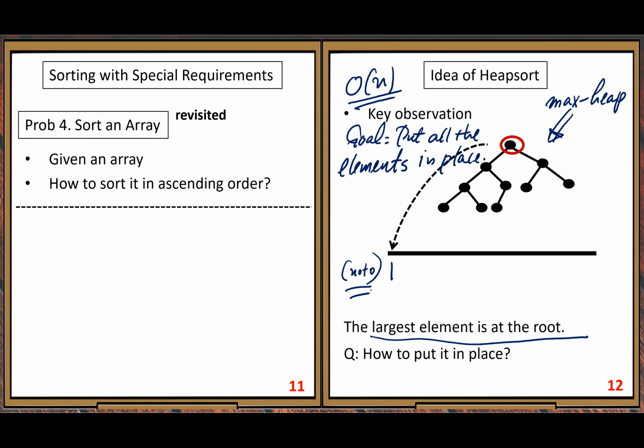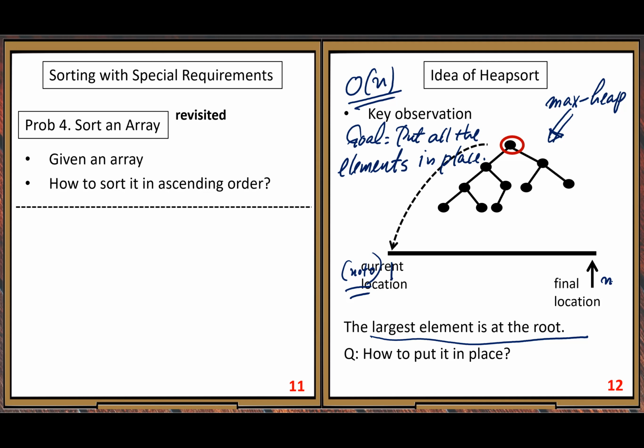Location 1, that's the current location. Then the final location of the root should be the end of this array, location n, right?